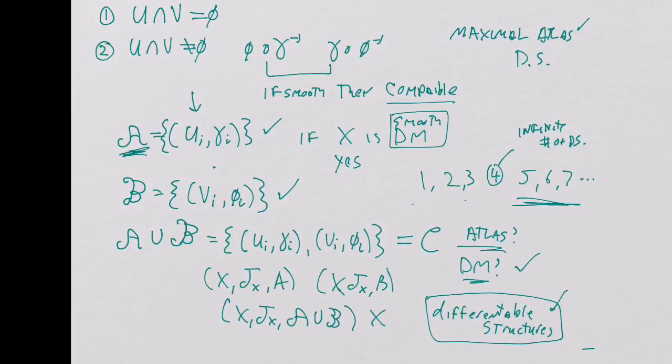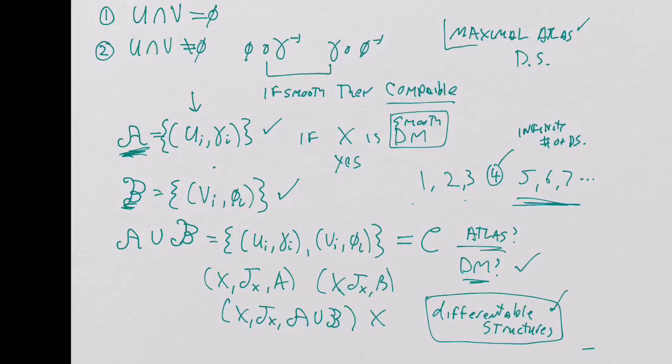So I take all the atlases I can, whereby the union of those atlases, everything is still compatible. If I make another atlas and put it into the maximal atlas, it does not grow any bigger, and it remains completely compatible. All the charts are compatible.